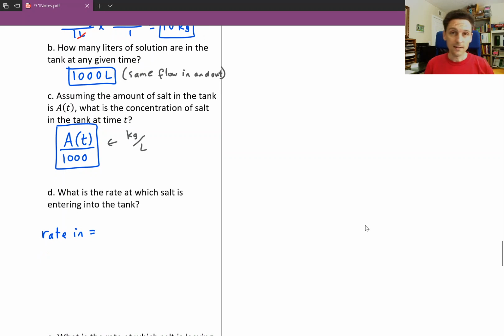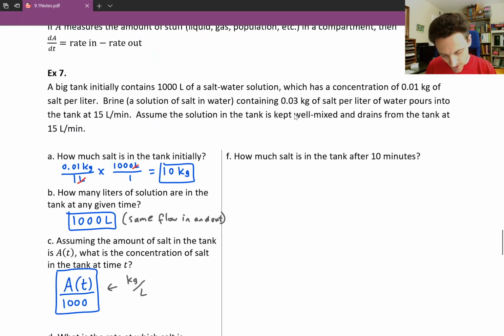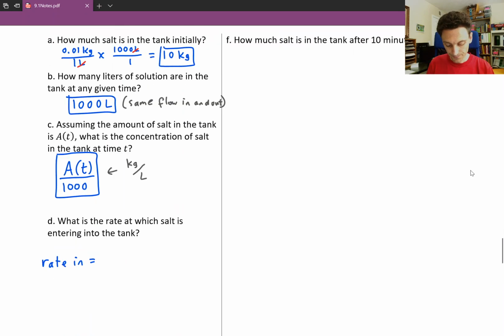Well, we can take the concentration of the incoming solution, which we're told is 0.03 kilograms of salt per liter, and multiply it by the flow rate. So multiply by the number of liters that are coming in per minute. The liters would cancel and we would just be left with kilograms per minute.